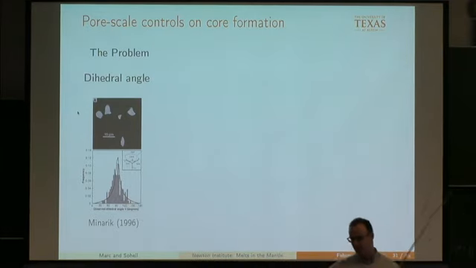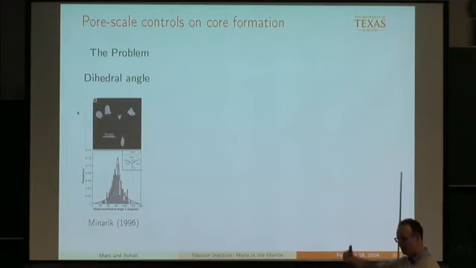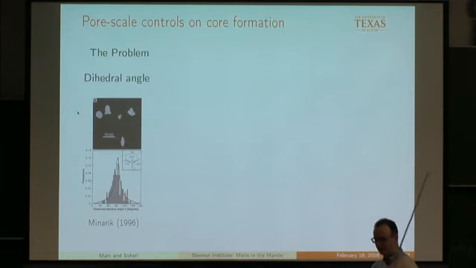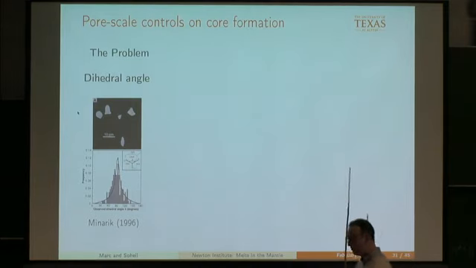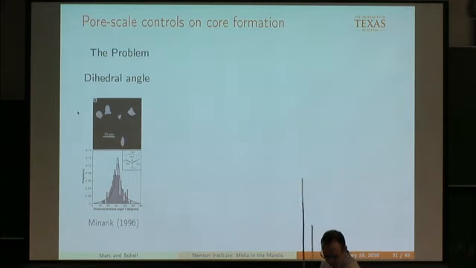This has spawned many papers about what influences this angle. Always the conclusion is, if it's above 60, then we have a problem. We can't really segregate it. And if we can find some way to reduce it to below 60, then we have a nice simple mechanism for forming the core.